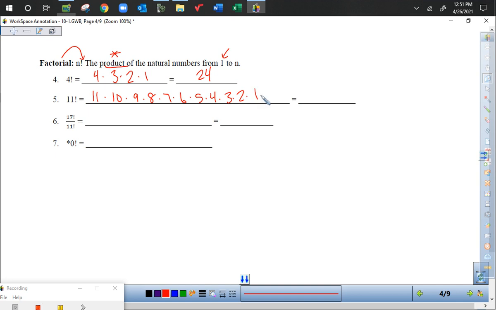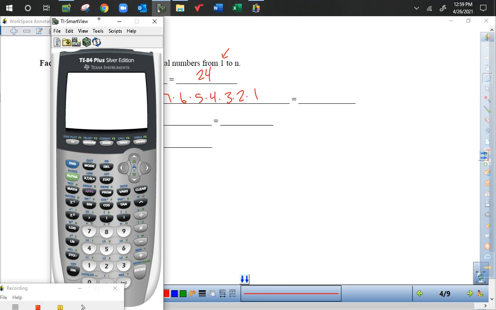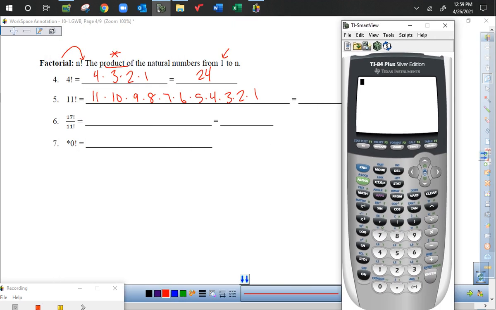Okay. Now, I am going to show you something on your calculator, and it's going to be helpful as we go through these problems. Factorial is actually built in on your calculator. Obviously, for us, 4 times 3 times 2 times 1 doesn't take a lot of time, but typing in 11 times all those numbers would be a little time-consuming. So what you can do is start with the number you need.